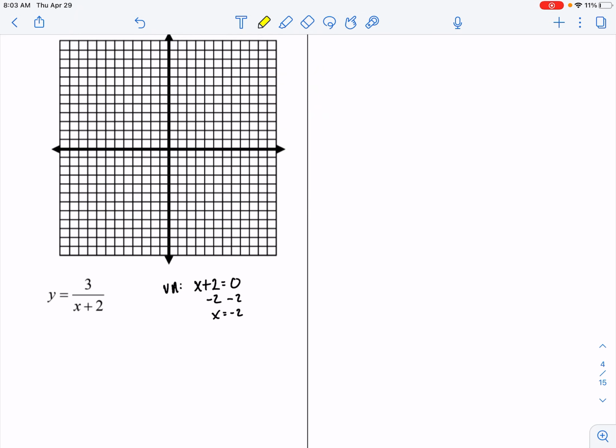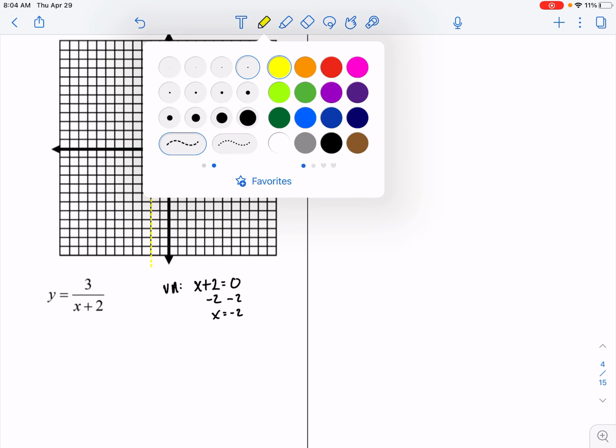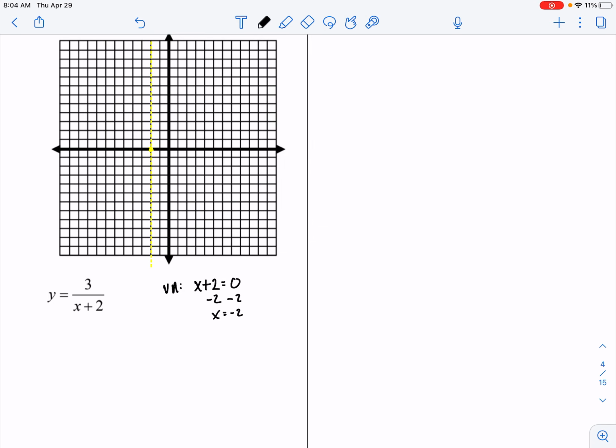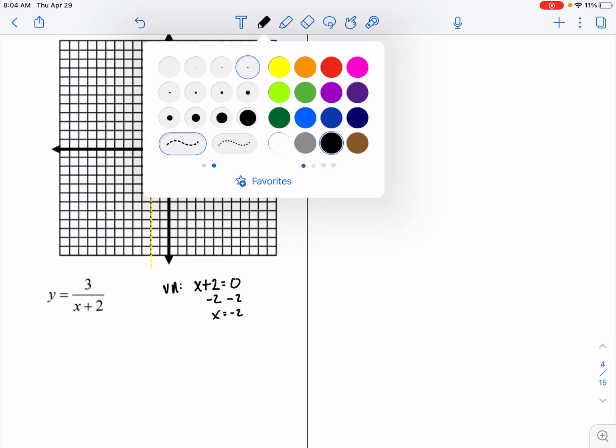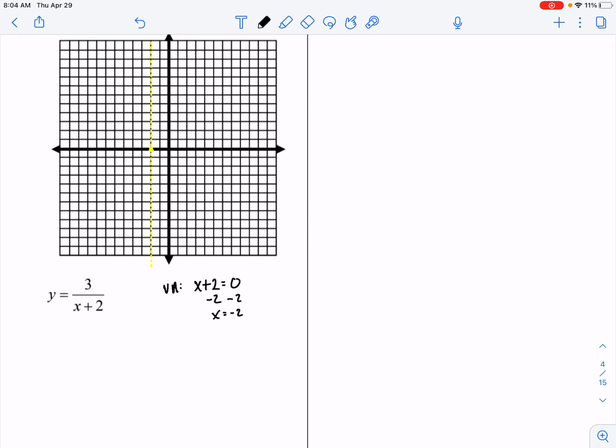And then x equals -2 will be right here. And again, the asymptote is a place where the graph is going to approach but not really hit.